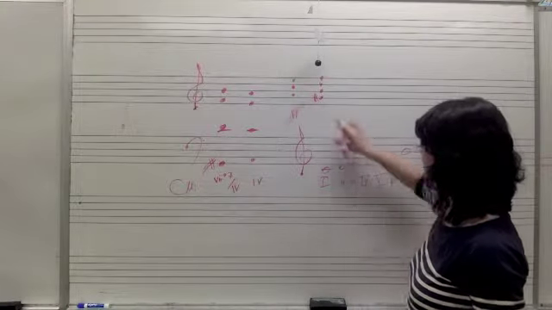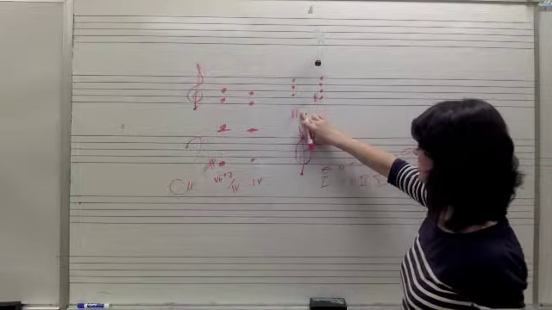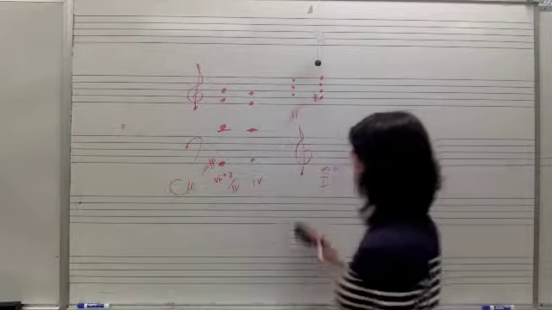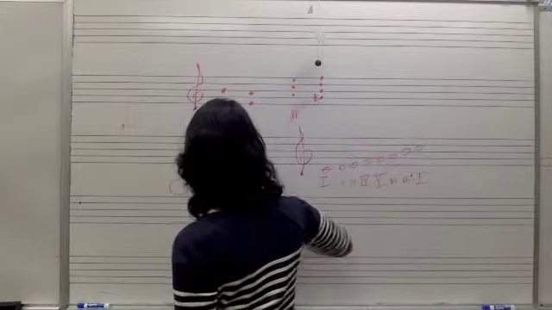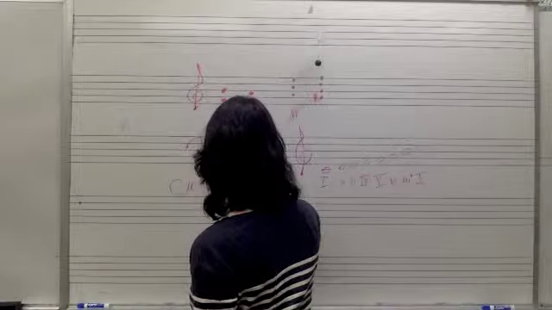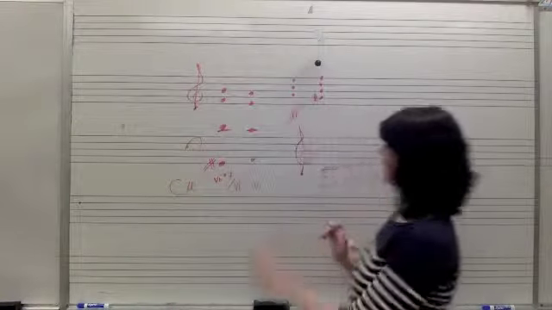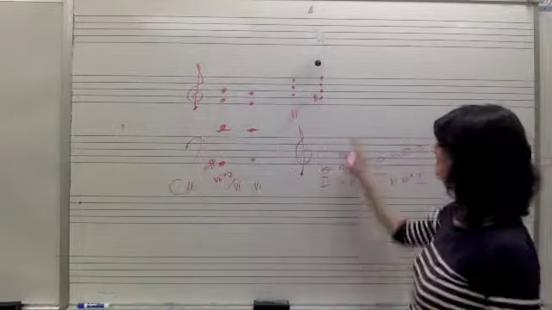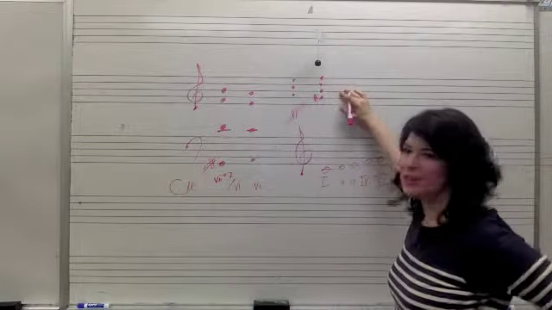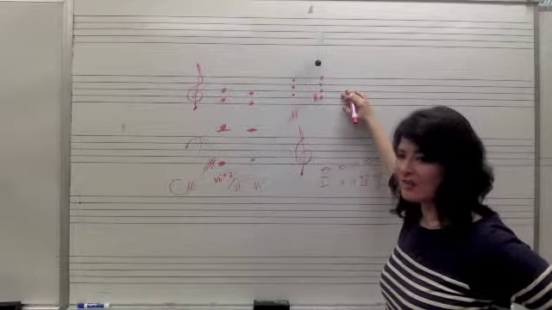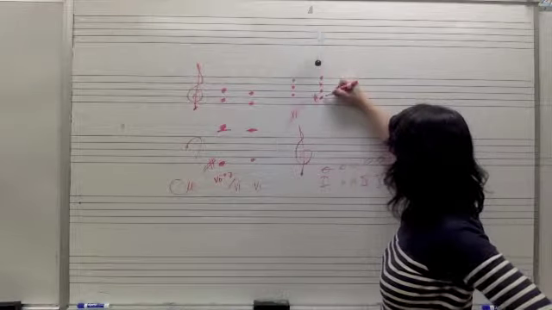All right? Now here's our 6th chord. Why do I write this as 4? I'm an idiot. It's supposed to be 6s. I don't know what is going on tonight. All right, all 6s.